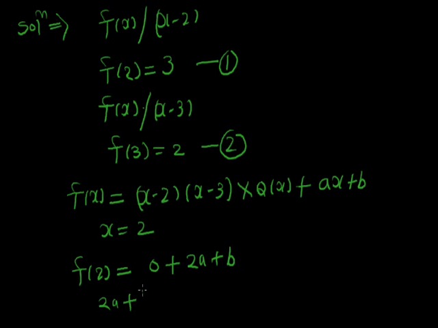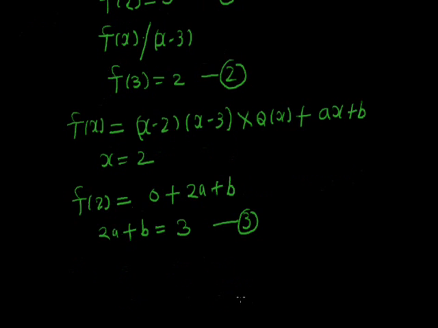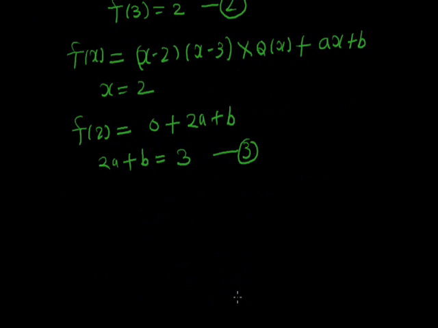So 2a plus b is equal to 3. This is my equation number 3. Any doubt? We have simply made use of the conditions in the division algorithm. We put x is equal to 2 so that we get the equation 2a plus b is equal to 3.